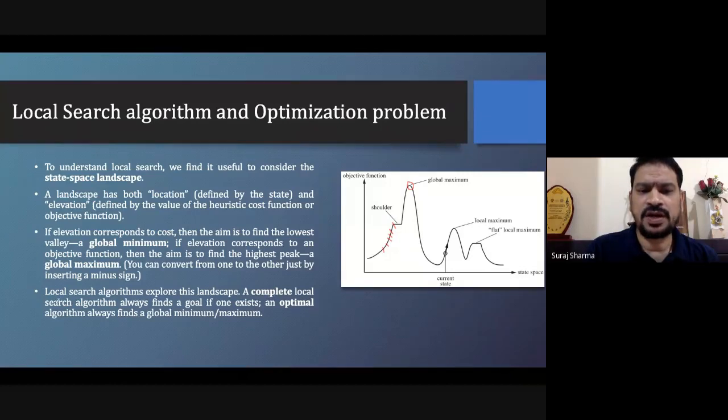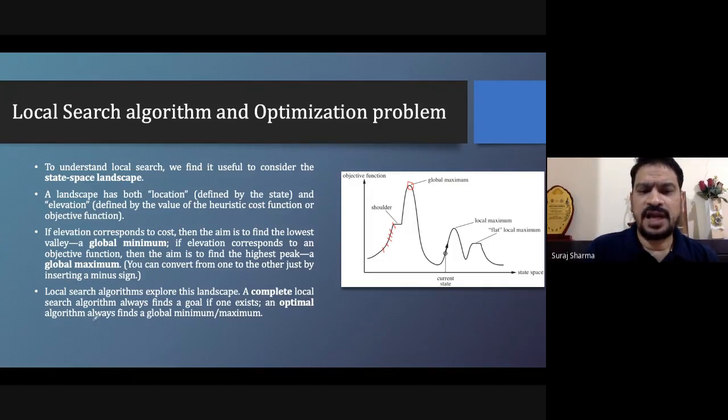A complete local search algorithm always finds a goal if one exists. So we have local search algorithms which may or may not find the goal, but a complete local search algorithm always finds the goal.